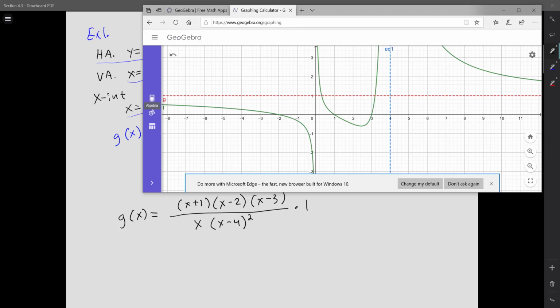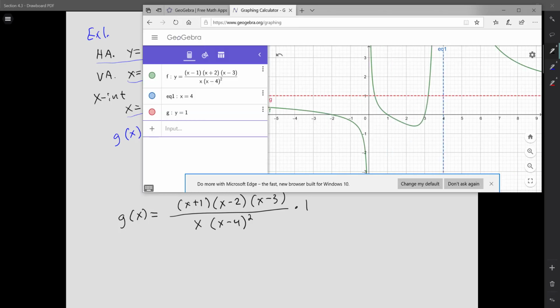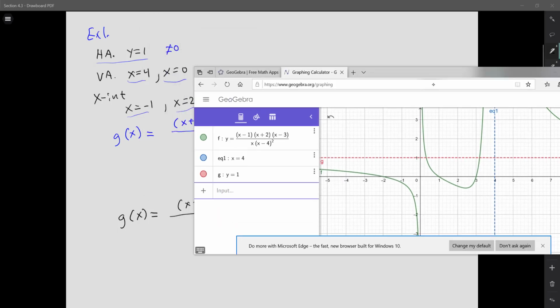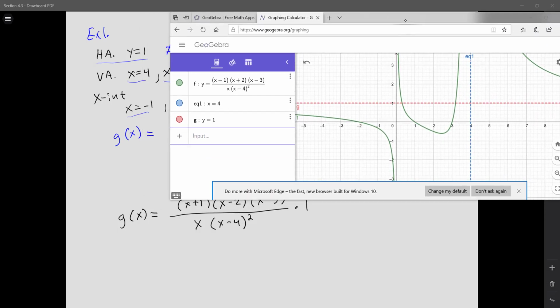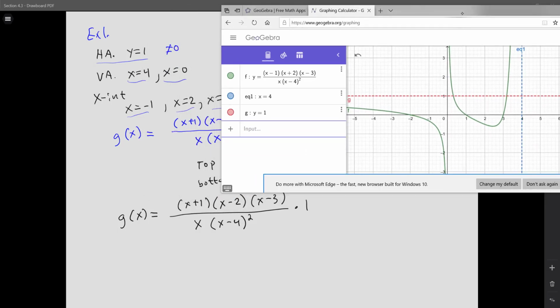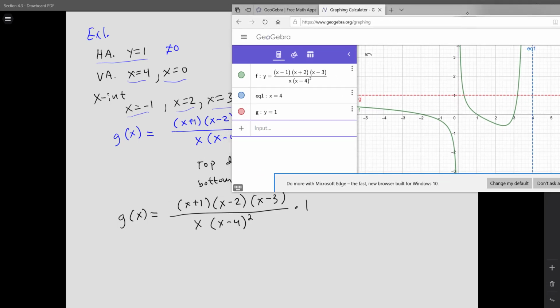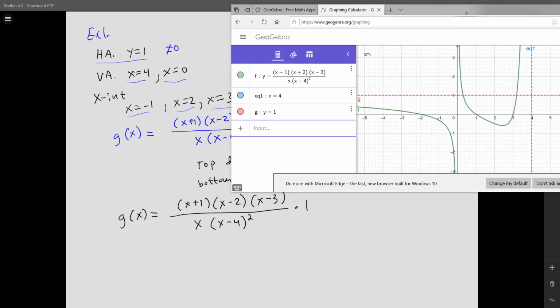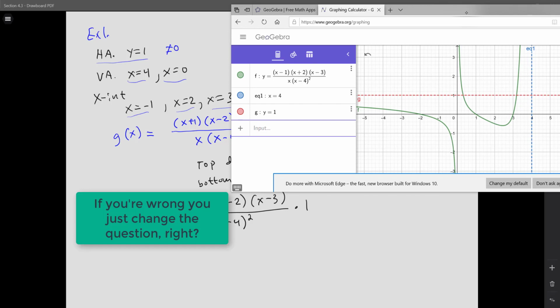And let's see what I actually put in here. And what do we find? We find that I completely mislabeled my x-intercepts. So let's go ahead and fix that. Let's see what my graph is supposed to look like. I didn't label these correctly.